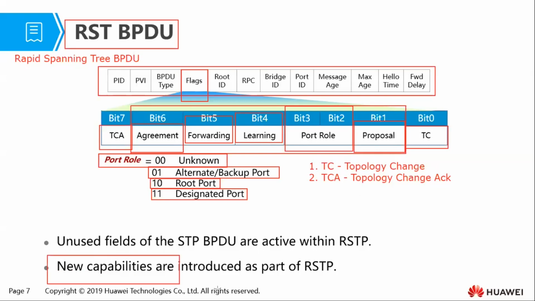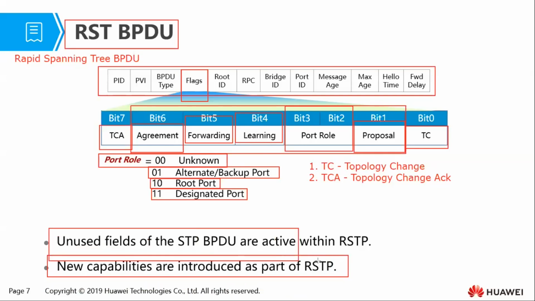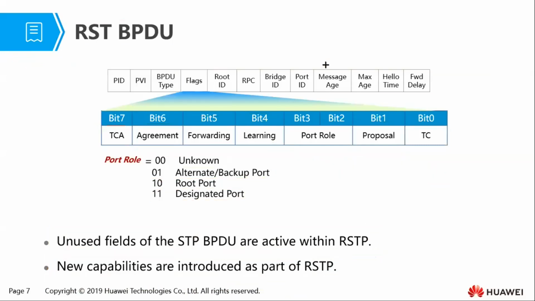New capabilities such as agreement and proposal are introduced as part of RSTP in order to ensure that we have fast convergence. It is important to note that these fields were not being used with STP, but now we are using them in order to improve the convergence speed.